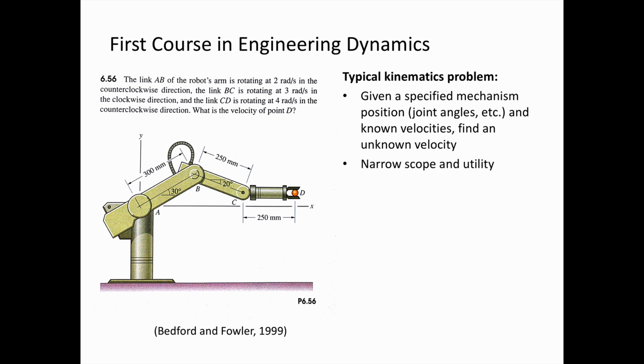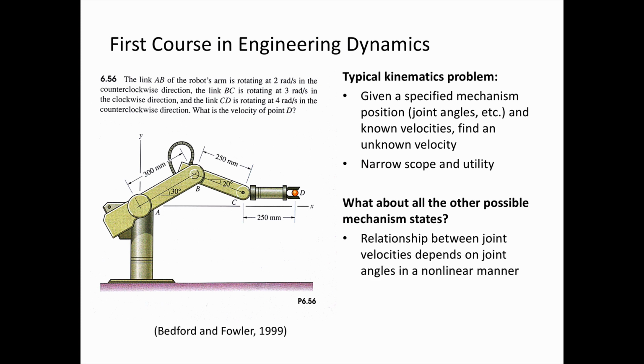This is really important to learn how to do, but it has fairly narrow scope and utility, so we want to build on that so we can come up with more general models. We need to address this question, well, what about all the other possible mechanism states or positions? And this is going to have a nonlinear behavior because with a robot like this, we're going to have very large angular deflections. We cannot use small angle assumptions and have an accurate model of the system.